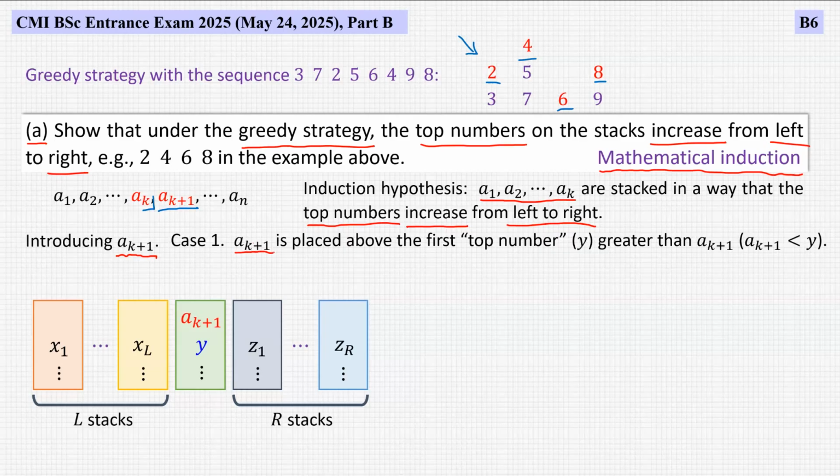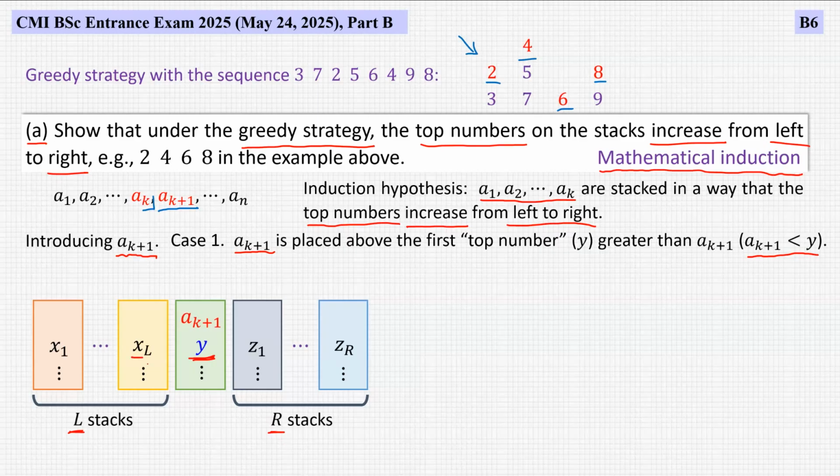Generally, A(k+1) will skip over the stacks whose top numbers are less than A(k+1) and eventually will be placed on top of some previous top number y that is greater than A(k+1). This is represented in the figure where there are L stacks to the left of the stack containing A(k+1) and y, and R stacks to the right of the stack containing A(k+1) and y.